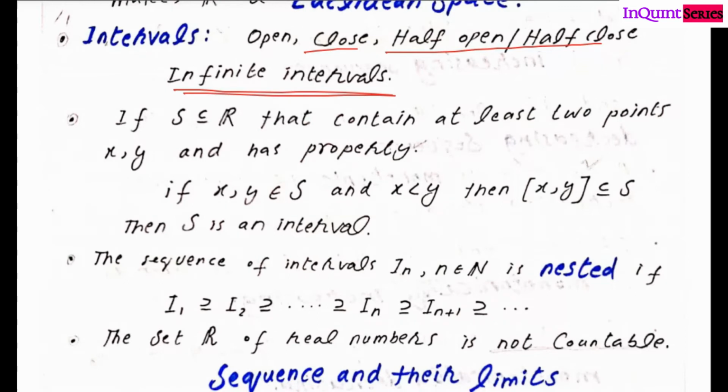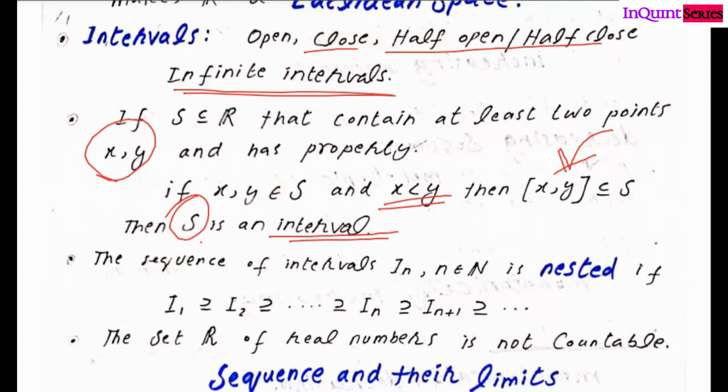So we say if S is a subset of R that contains at least 2 points x and y, and has the property that if x and y belong to the set S and x is less than y, then our S is said to be an interval, and it can also be written in the form of this set.